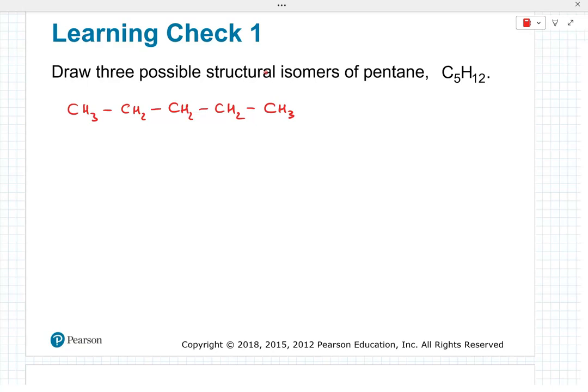Any suggestions? What to do with that molecule? How can we shift a carbon? Go on, just tell me. You don't have to raise your hand. So like the second or third, you can just get rid of it, squish it together so there's just 4 in a line, and then you can branch it out from there.